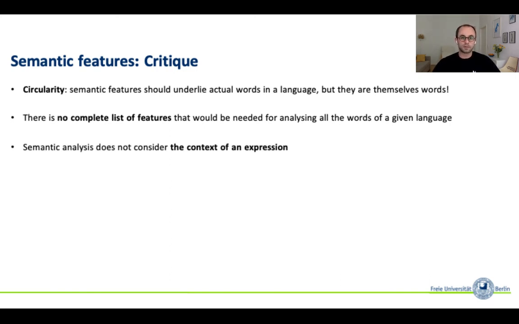And this is probably also one of the central points of criticism of semantic features, and that is it doesn't actually consider the context of the expression, right? So, for example, we talked about synonyms, and I said that lift and elevator have the same semantic features, but this doesn't mean that you can always use lift in the same context as elevator and mean the same thing, right? So there are slight differences in connotations and so forth.